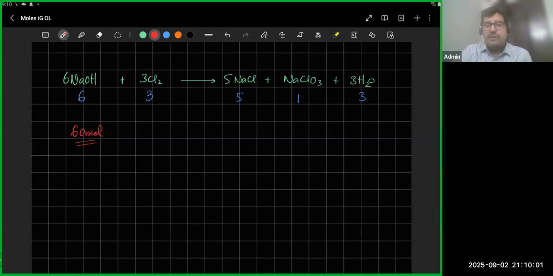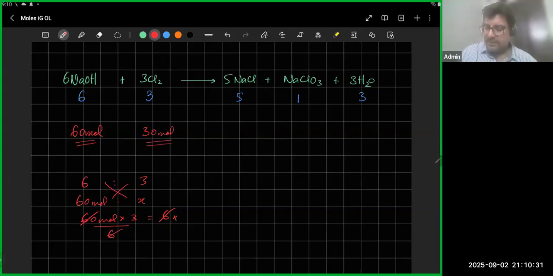So if you know that 60 moles of NaOH are reacting, by using ratios, the ratio is simply 6:3, right? 6 react with 3. So 60 moles would react with how many? That's going to be X, and you're going to use ratios, and it's going to be 60 moles times 3 is equal to 6X, and you're going to take the 6 on the other side, and it's going to give you 30 moles, right? Again, if you're good with the ratios, you would obviously know that that's 30 moles.